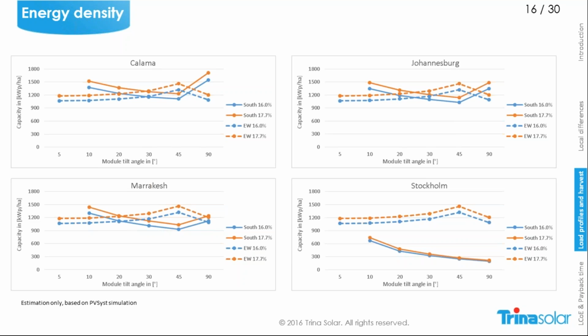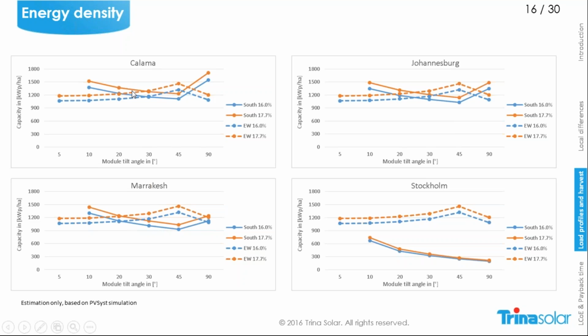And then you have different behavior, because even, for example, 90 degrees in an east-west can be used as a facade example. The same for south-oriented, if you make it 90 degrees, for example, on a balcony, at the fencing, or even on the facade. And you can see that the behavior is different.